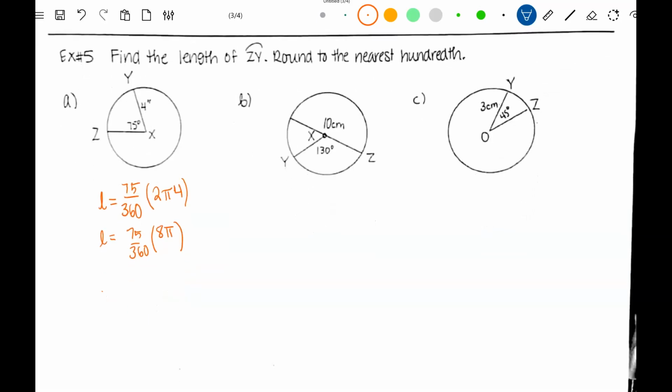And it says to round your answer to the nearest hundredth, so 75 times 8 is 600.